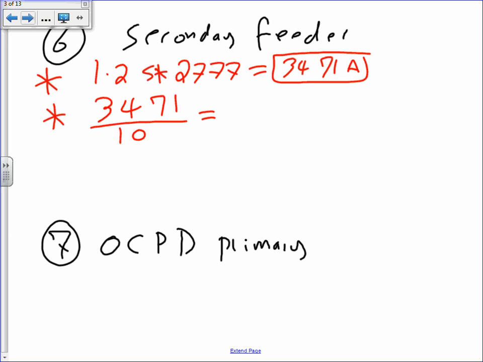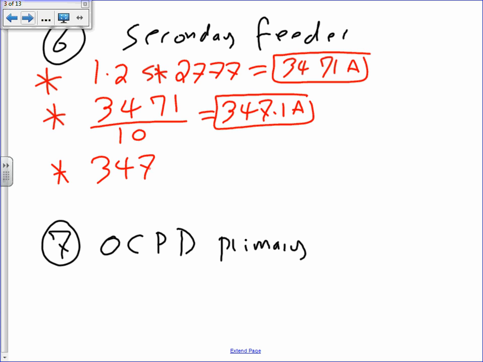So if you take 10, this becomes 347.1 amps, right? And if you take this one to, 347.1 amps, take this one to where? 310.15(B)(16) under the 75-degree column.